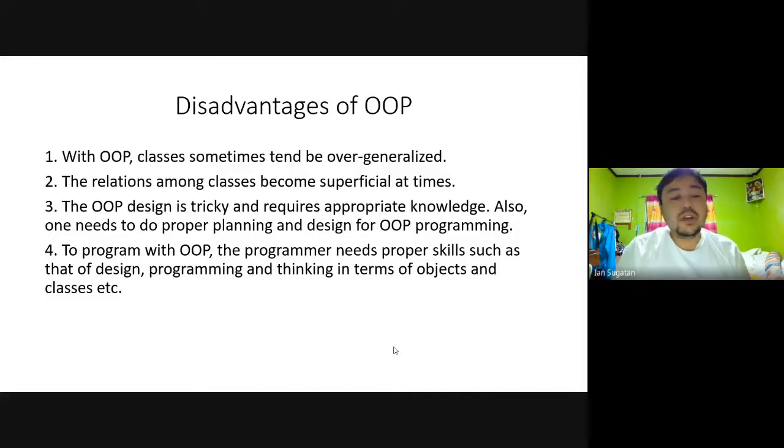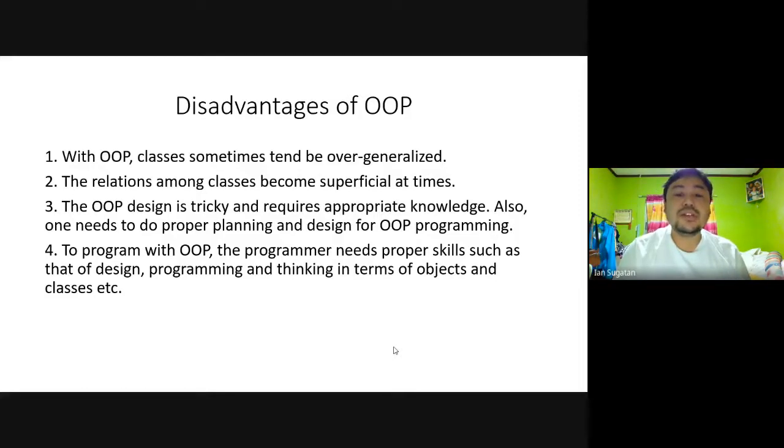Number three, the object-oriented design is tricky and requires appropriate knowledge. True. That is why you must study well the objects in OOP programming. Also, one needs to do proper planning and design for object-oriented programming. But don't you worry, because there are certain approaches that you can use, like designing, you can follow a certain method like the waterfall method, agile programming, and so on.